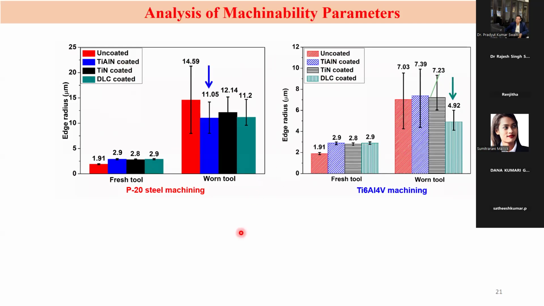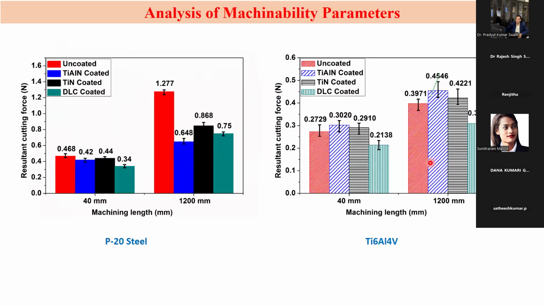Here you can see that for P20 steel, the least edge radius was obtained for the TiAlN coated tool, but for machining the titanium alloy Ti6Al4V, the least edge radius was obtained for the DLC coated tool.